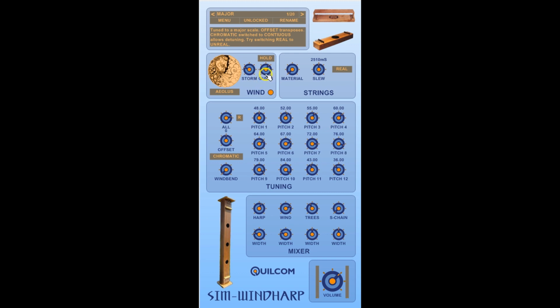Now this hold control here determines how the wind behaves in terms of variation. So on hold, it will hold at a particular wind speed for a while before changing to another wind speed. So if I turn that off, you'll hear glissandos, I hope.